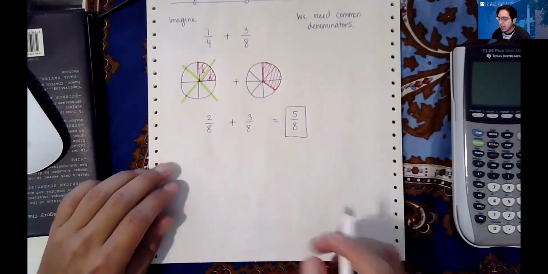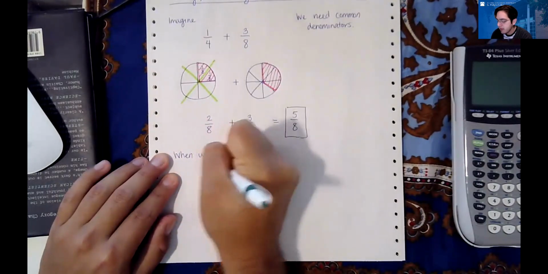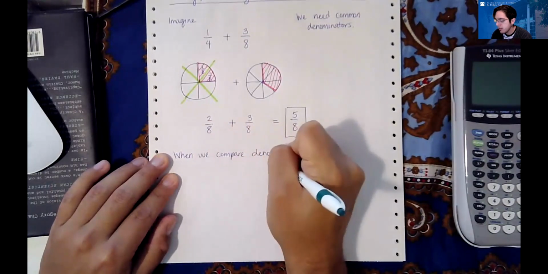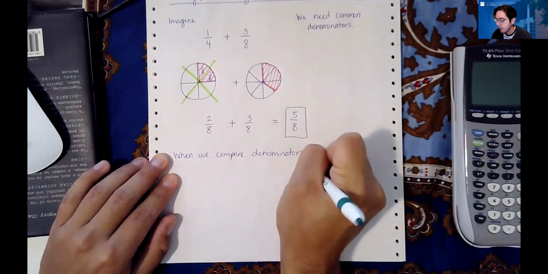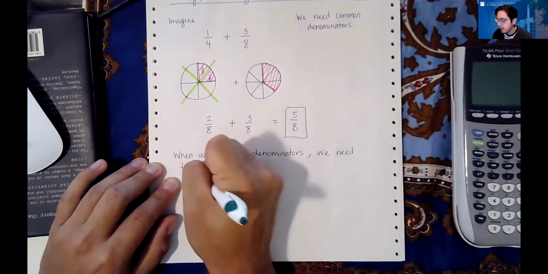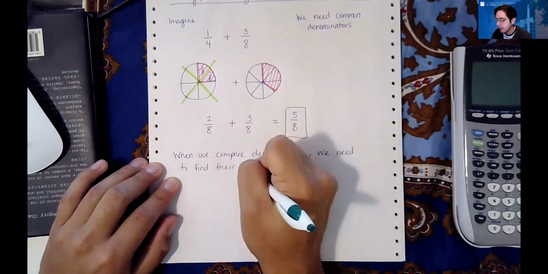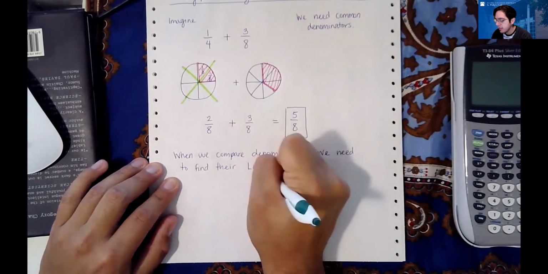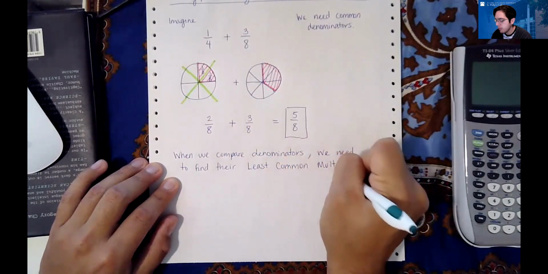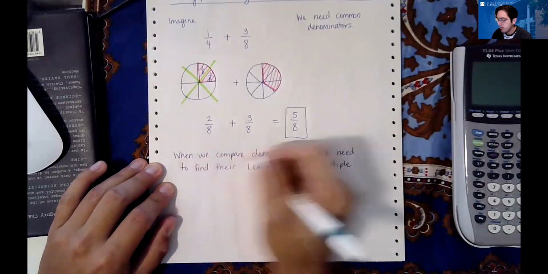So what we can say is that when we compare denominators, we need to find the least common multiple of the denominators first.